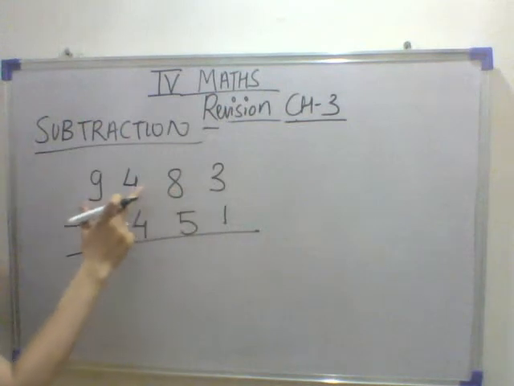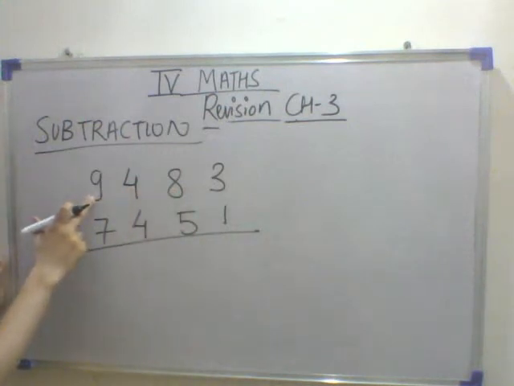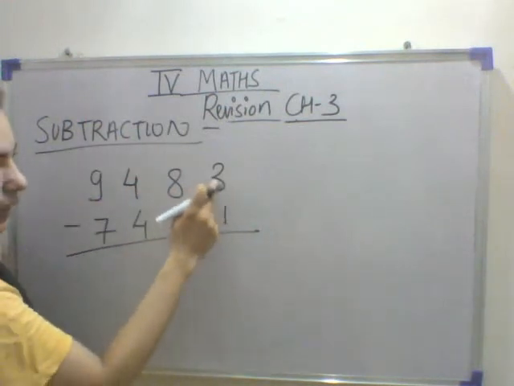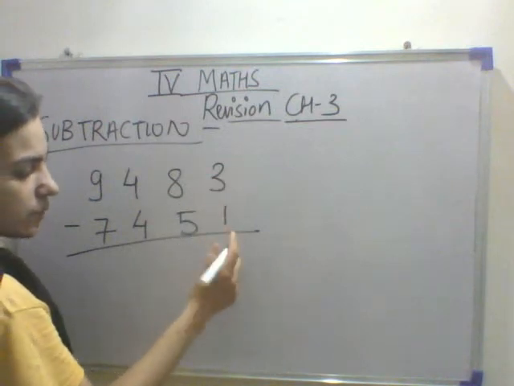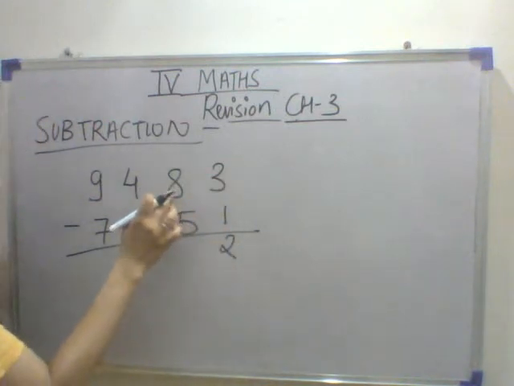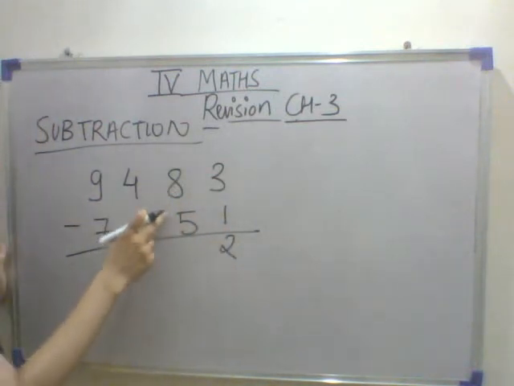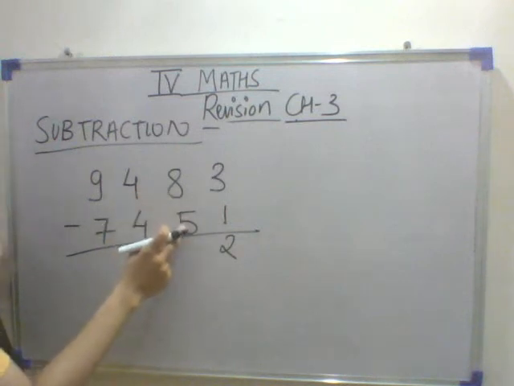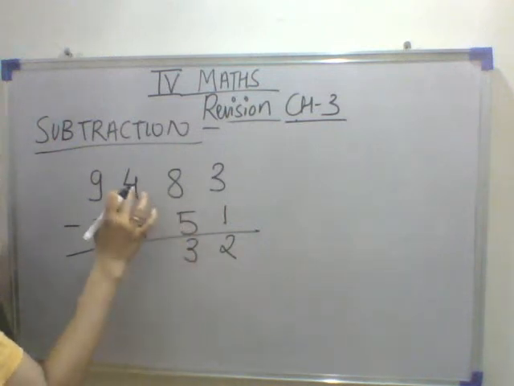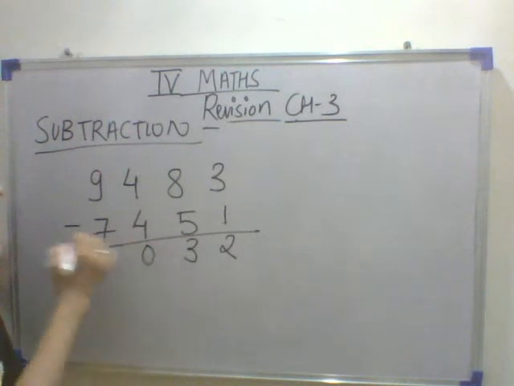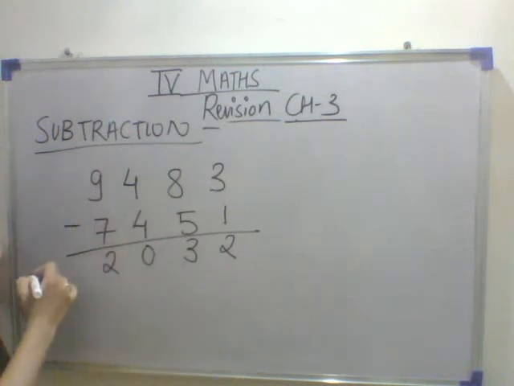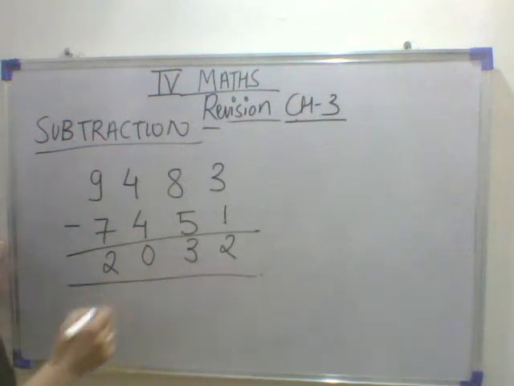This is ones, tens, hundreds and thousands place. So first we will be subtracting at the ones place. 3 minus 1, 2. Then we will be subtracting from the tens place. 8 minus 5, 3. 4 minus 4, 0. 9 minus 7, 2. So this is our answer.